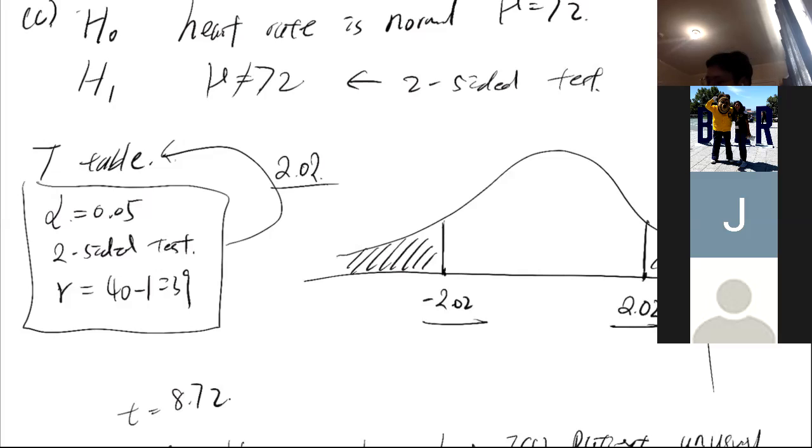So you can find 2.02 in that table. As I mentioned, the only important thing is that you need the type of test, degree of freedom, and significance level. These three parameters are used to look into the t table to find the value for the t-score.